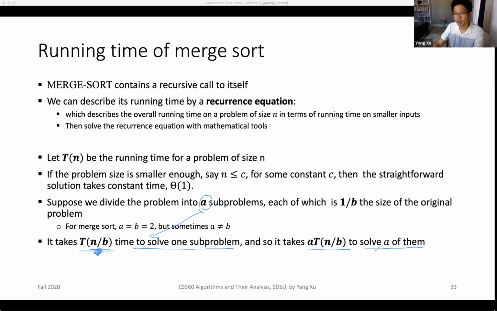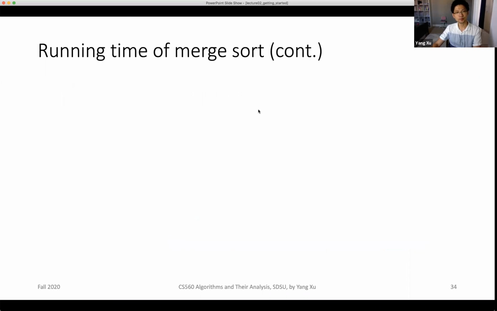That is also straightforward thinking: we divide the original problem into a subproblems, and solving each takes that much time, so a times this quantity is the total amount of time to solve all of the subproblems. All right, that's the first step of applying the recurrence equation technique.